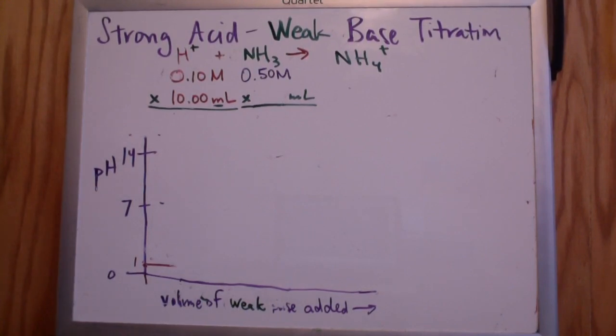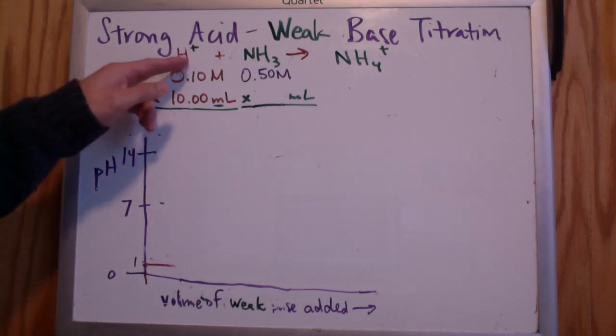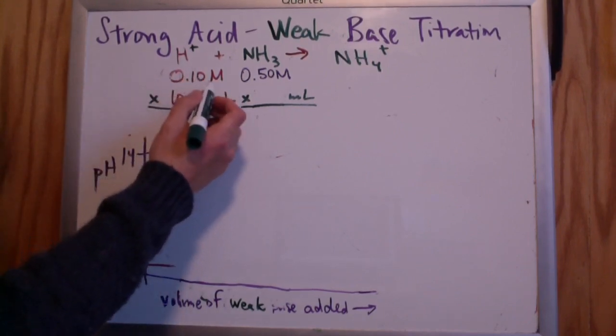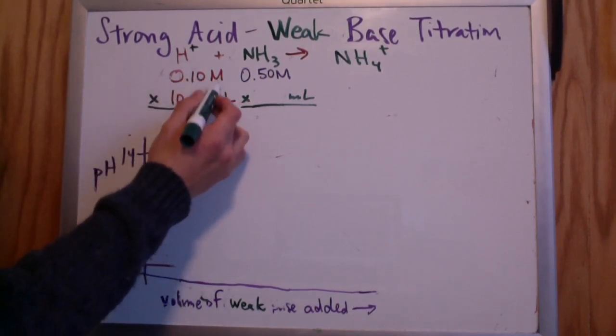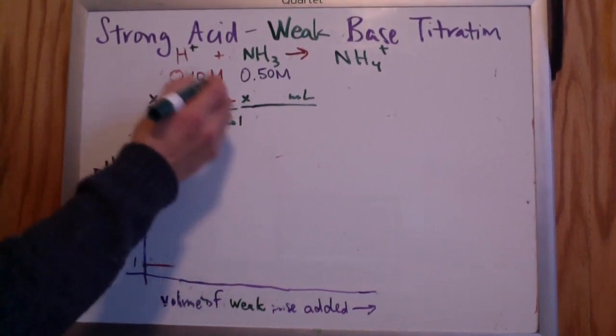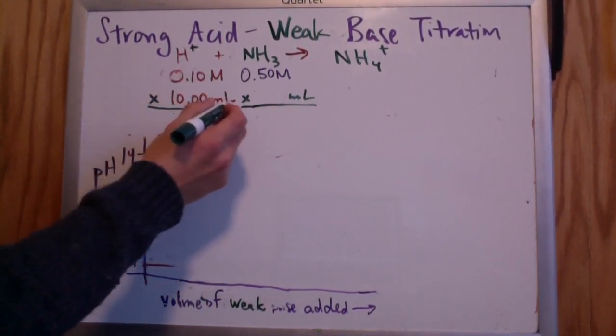All right, so we can actually go back and figure out when the equivalence point is, because this is a 1-to-1 mole ratio like we had looked at yesterday. Yesterday we took the molarity times the milliliters and we ended up with the millimoles, and we did not have to convert between milliliters and liters.